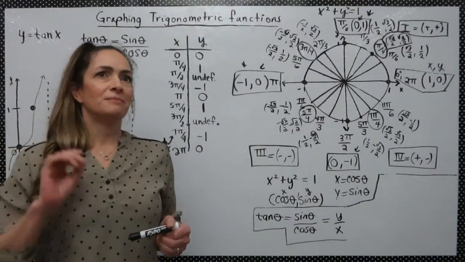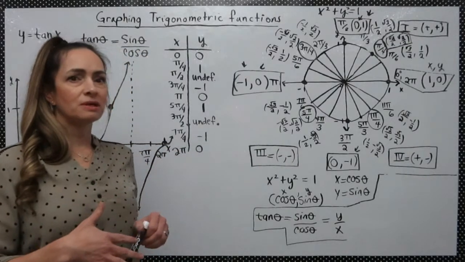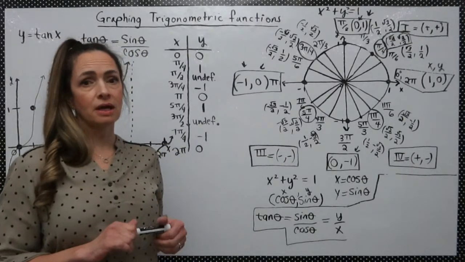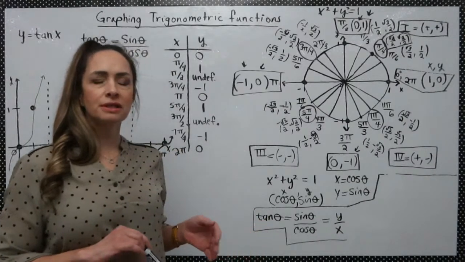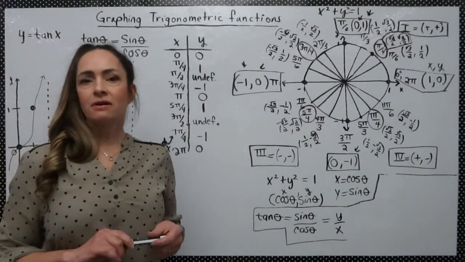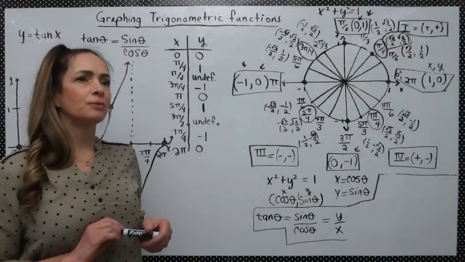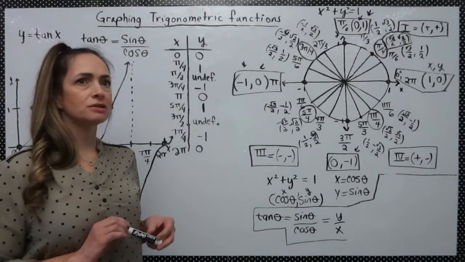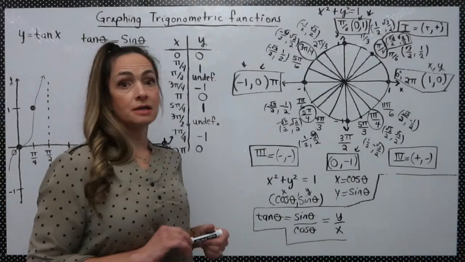So I'm going to go ahead and backtrack and actually spend most of this session graphing a much more detailed graph of the tangent function and talk a little bit more about some other values and what makes the tangent function so much different than sine and cosine.